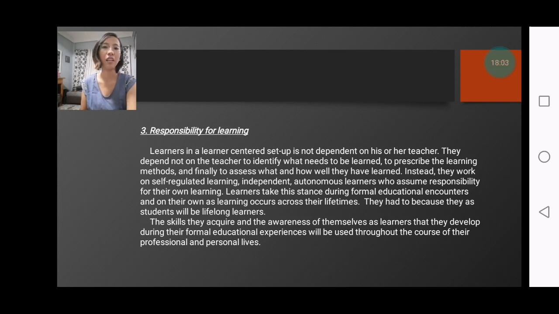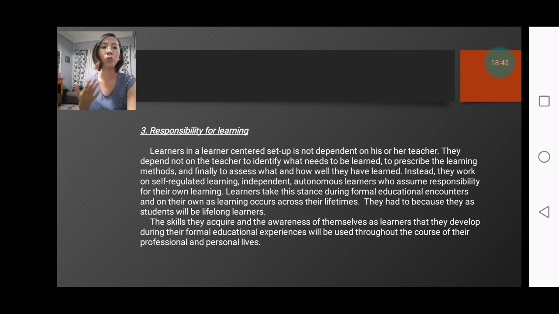The beauty of this learner-centered setup is that it prepares us to become really independent individuals, because many of our encounters in the future or in later ages would actually challenge ourselves, and we really have to prove that we can stand on something and be able to do something out of our own.